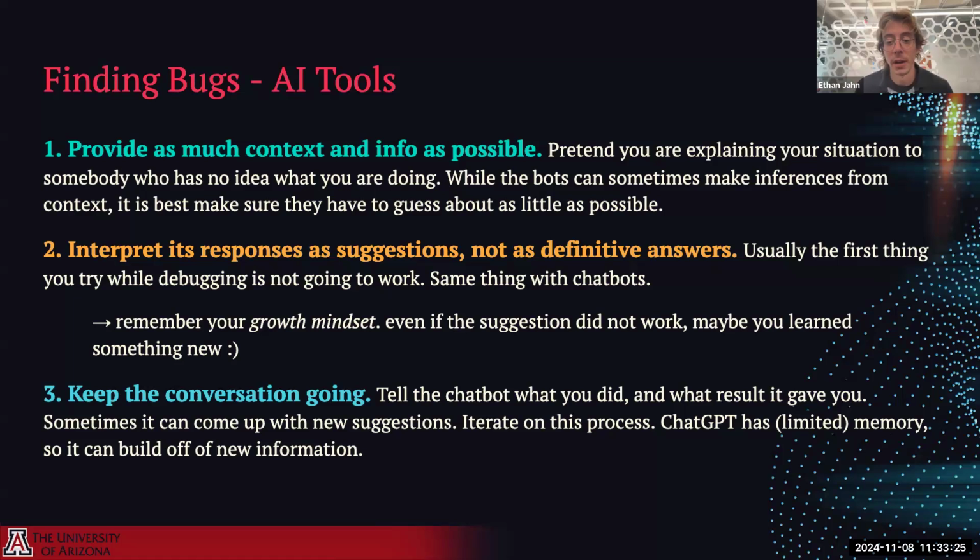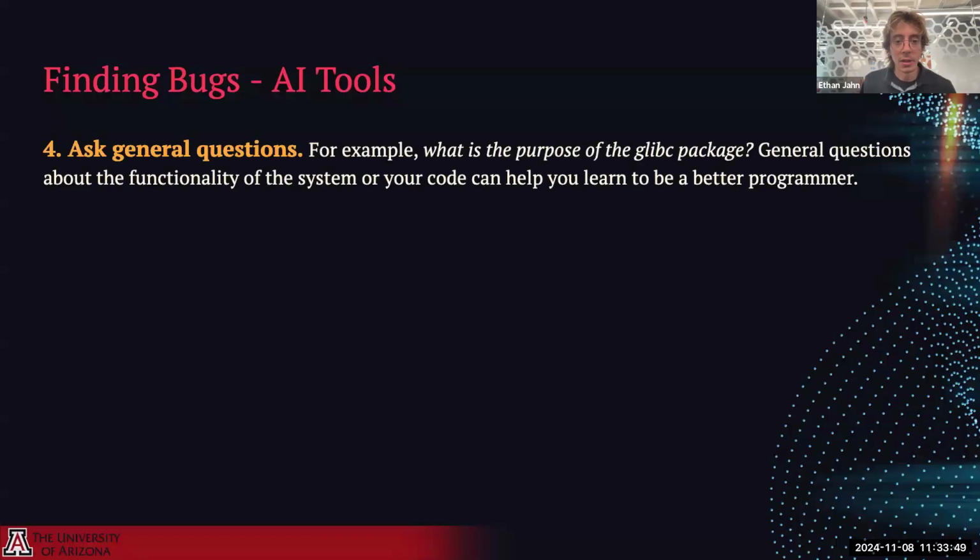And do remember that the chatbot has some memory, not infinite, but some memory, and it understands the context of the conversation. So you can build off of new information, and it does sort of remember the conversation in a way. It's not perfect, and sometimes it'll lead you astray, but it does remember the conversation.